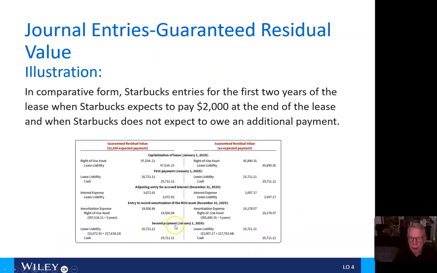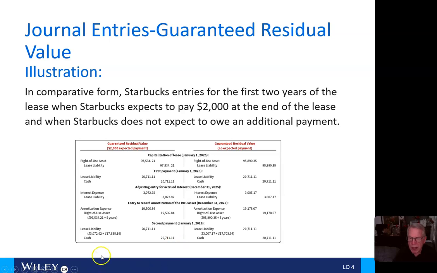And then in the second year, it's going to be $19,506.84, debiting amortization expense and a credit to right of use asset. We get that by taking the $97,534.21 and dividing it by 5 years.